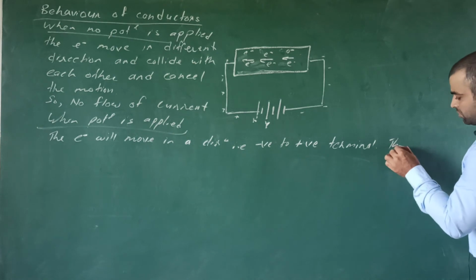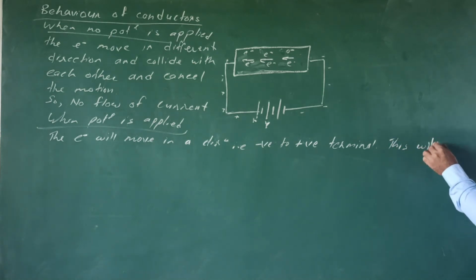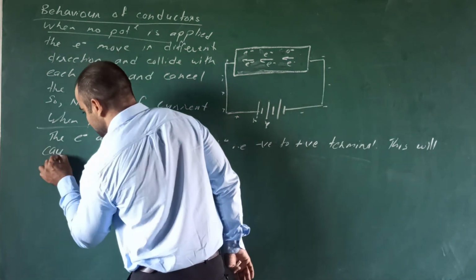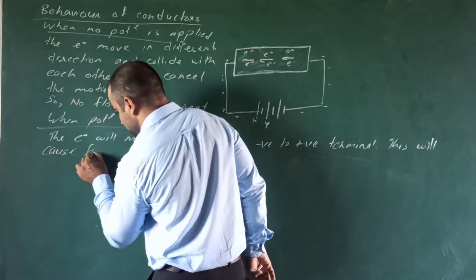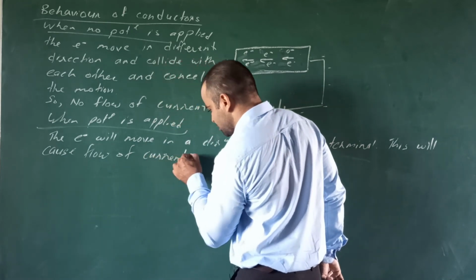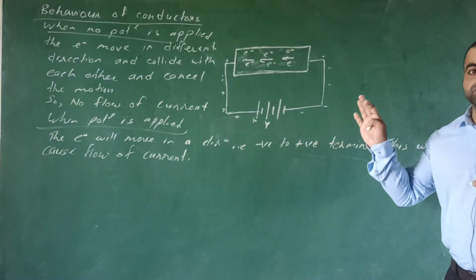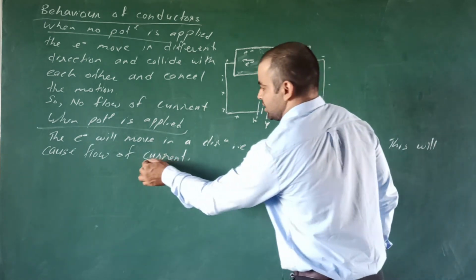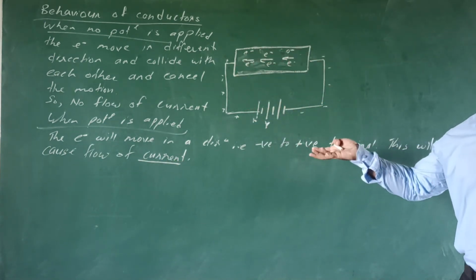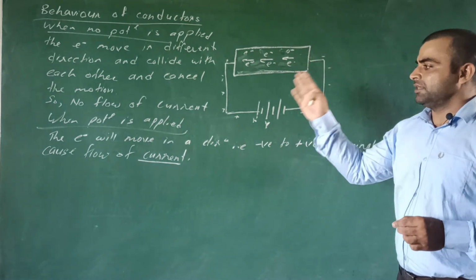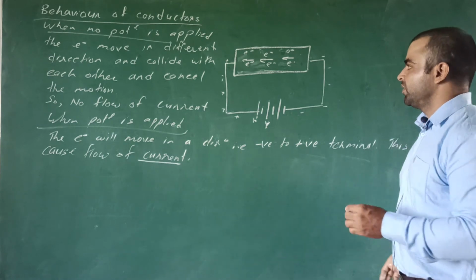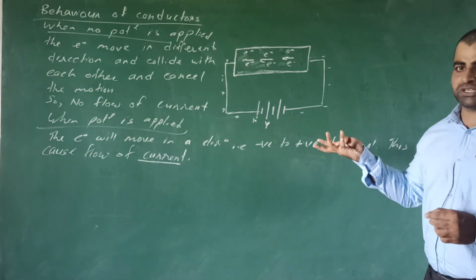And this will cause flow of current, because we know the definition of current: current is the flow of electrons. If electrons are flowing, then current is flowing. Is it clear? Then what will be the direction of current?